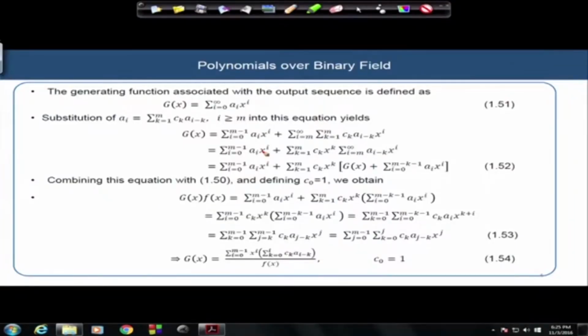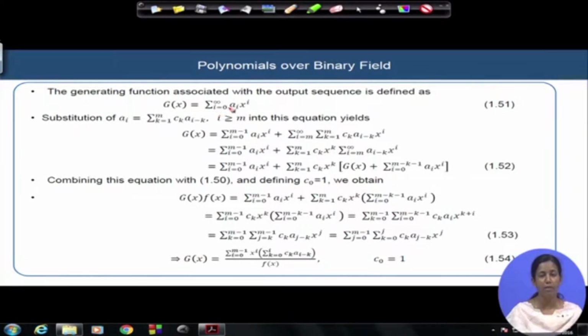So, as a recap, we understand that this expression, i equal to 0 to infinity, basically has two components. In situation 1, the value of i varies between 0 to m minus 1, where m is the number of stages. In situation 2, i has the value from m to infinity.